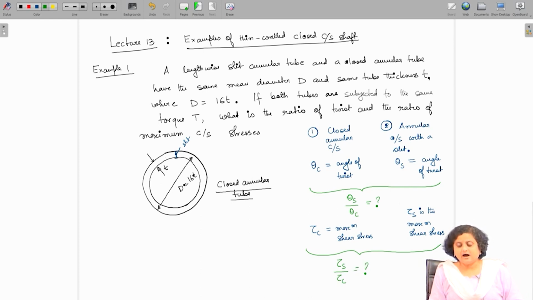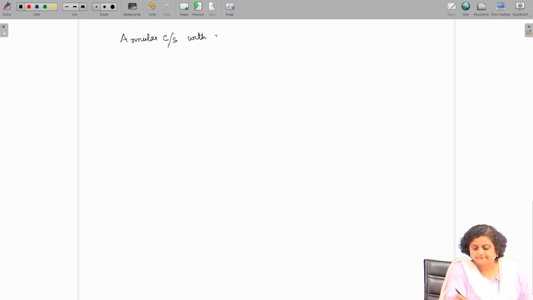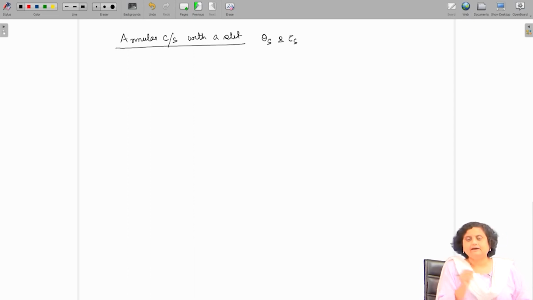So, let us see how to solve this system. The first thing is to analyze an annular cross section with a slit and find theta S and tau S. You will be able to appreciate that an annular cross section with a slit is actually an open cross section.